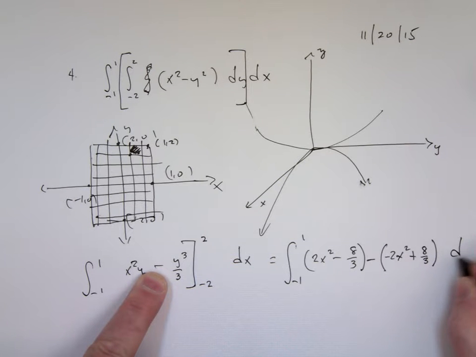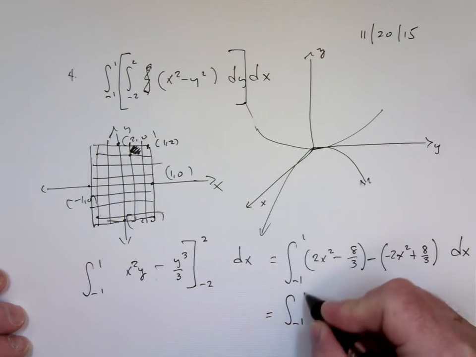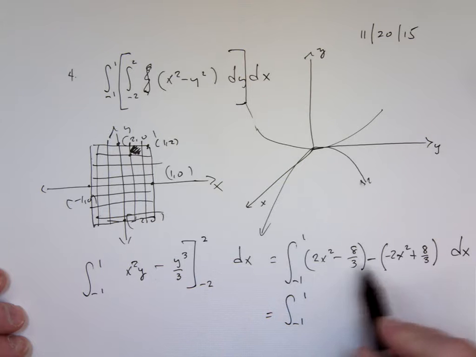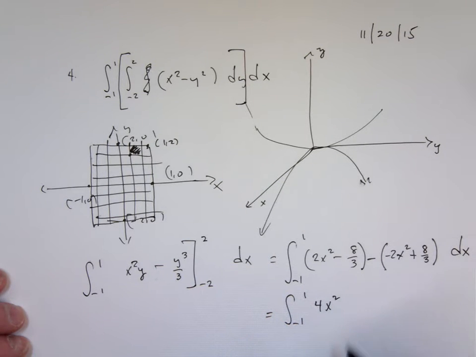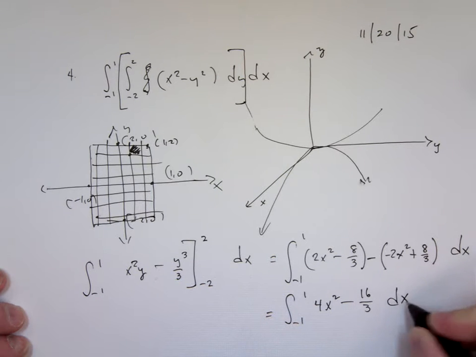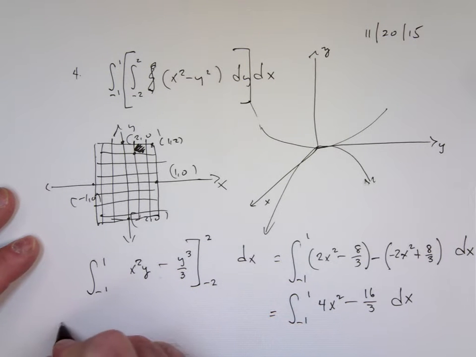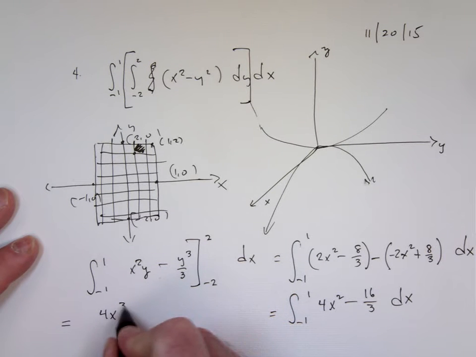And we've got dx, and hopefully my signs are all right here. I guess they are. So we end up with 2x squared plus 2 more x squared, so we get 4x squared minus 16 thirds. Okay, and now integrate with respect to x to get 4x cubed over 3 minus 16 thirds x.